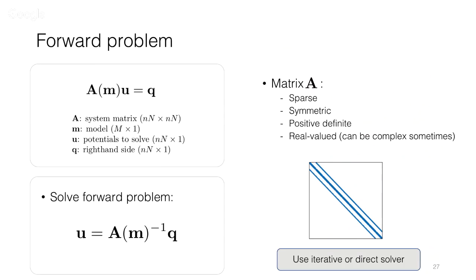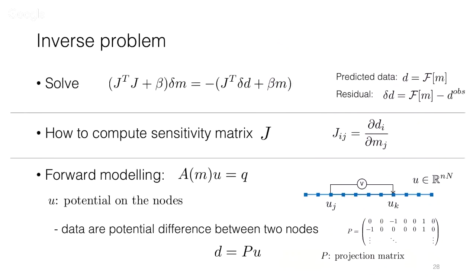It's just like in a lot of problems, a lot of the computation depends on how many sources you actually have. So anyway, we call this the forward problem. We can either use an iterative solver or a direct solver. And here we are. So we've got an inverse problem.